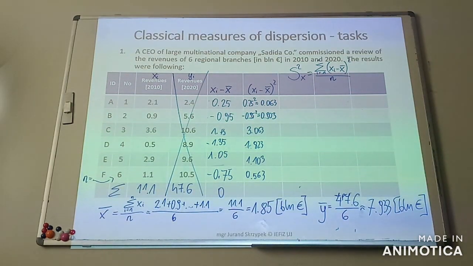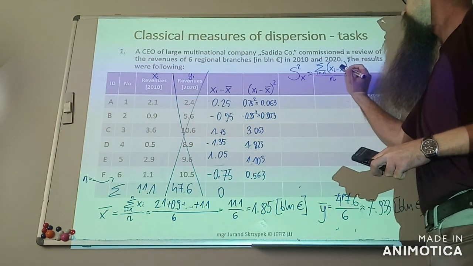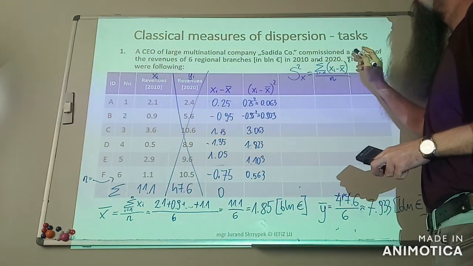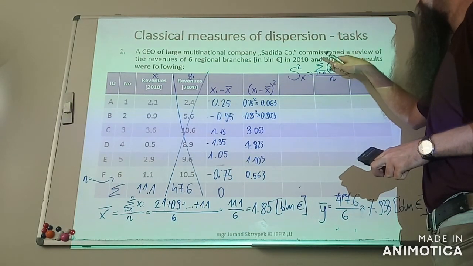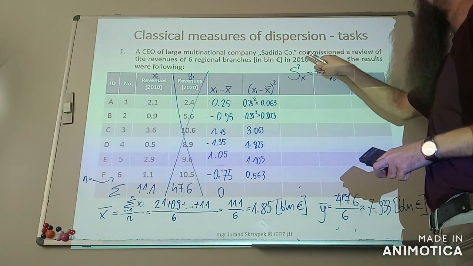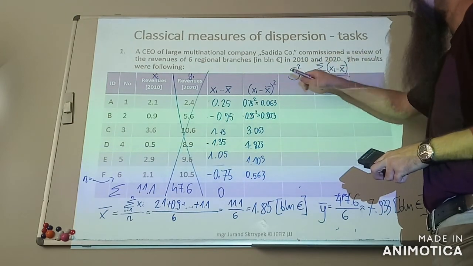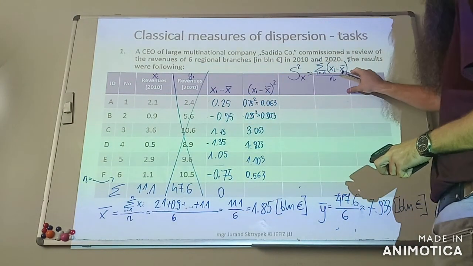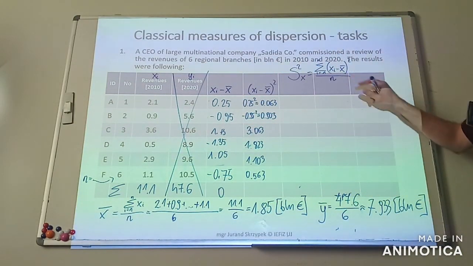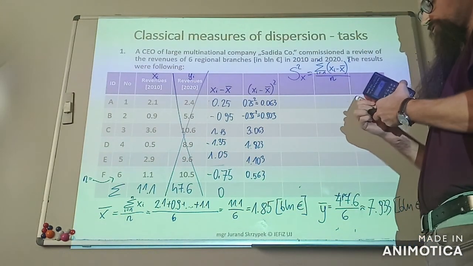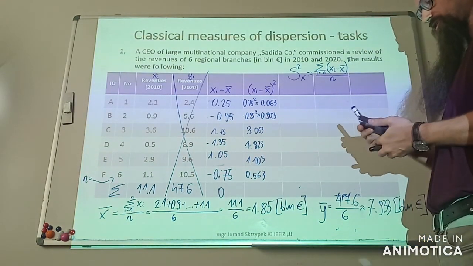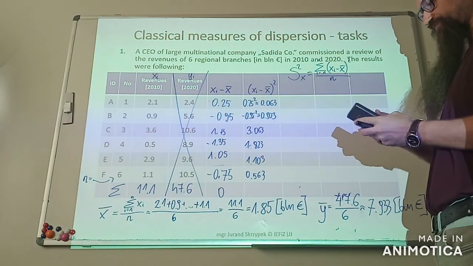And now we are going outside the table. We see that in the next step we need to sum up this column, the sum of the squared deviations actually.